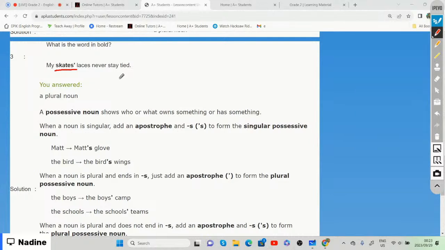It shows more than one, and it ends in an S. So we only add the apostrophe. We don't add the apostrophe and S. Only the apostrophe at the end because this plural word ends with an S. So skates.